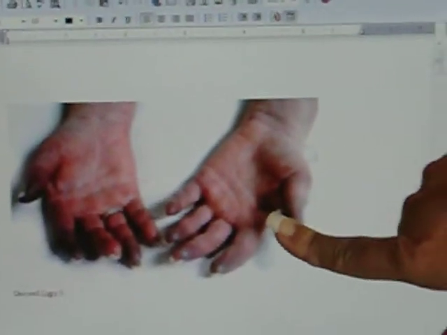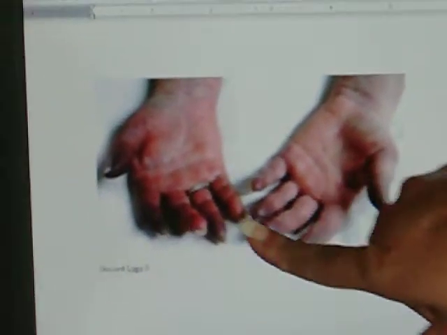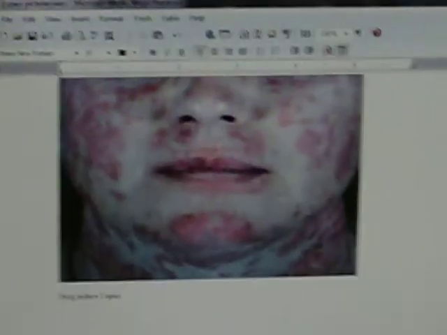Here is a picture of what discoid lupus would look like. You can see that the fingers are a little bit red and kind of irritated. The second lupus that I want to get into is called drug-induced lupus, and that is actually caused by a reaction to prescription medication.